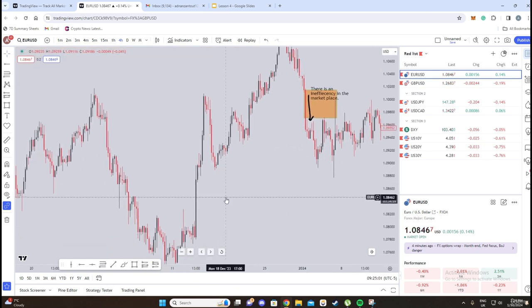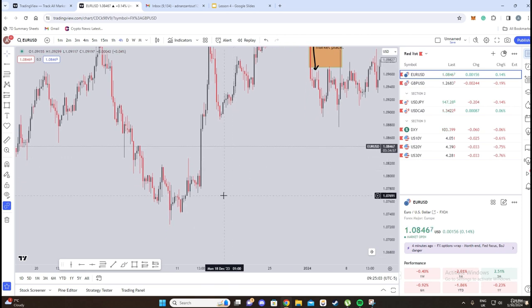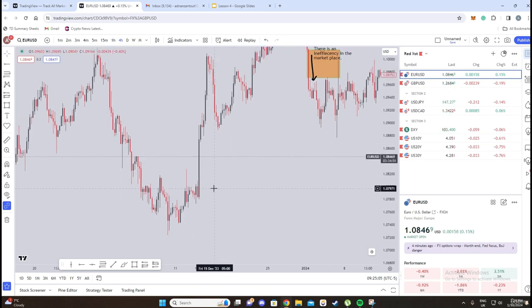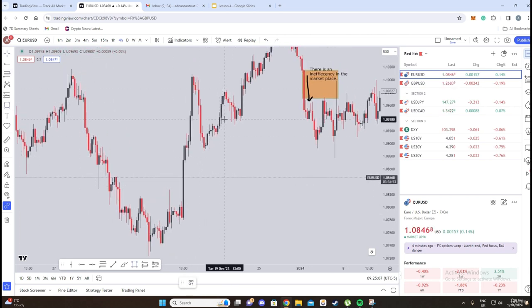You know what? First let me just show you the expansion. So here's the displacement, and this also is displacement, right?